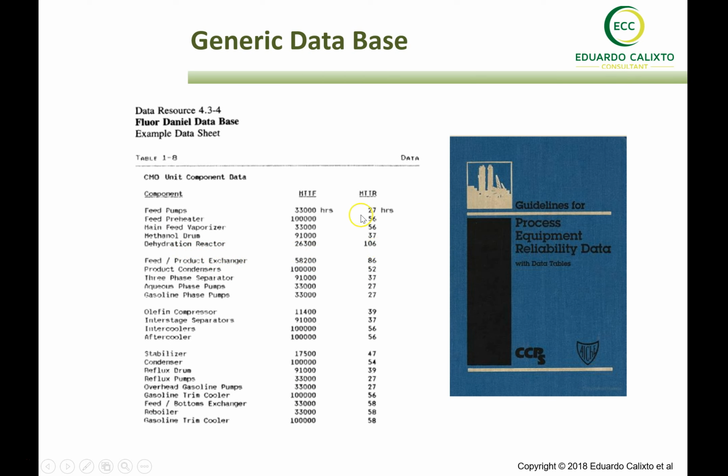We need to be sure in each particular case. And concerning reliability, as I mentioned, most of these generic data are represented in mean time to failure. So that's a point that you need to be careful about, because for rotating equipment such as pumps, or even static equipment, we don't have random failures. In this type of equipment, we have patterns of failures along the time, so we expect to have increased failure rates.